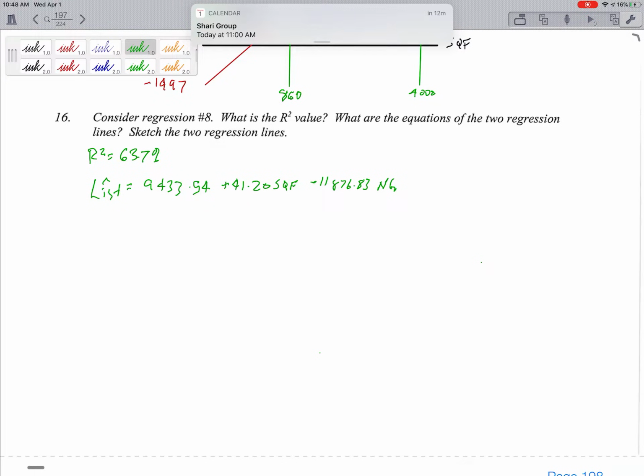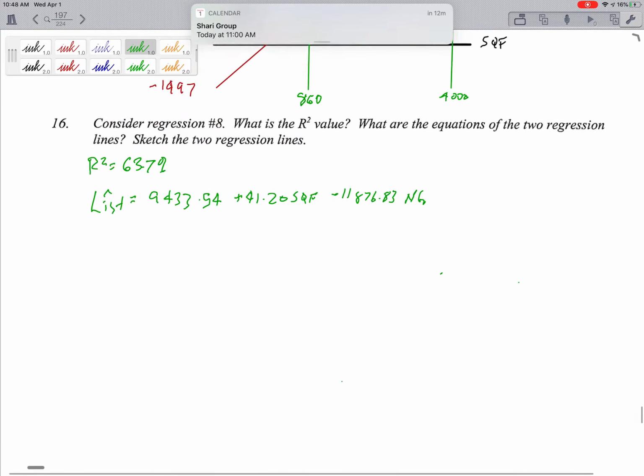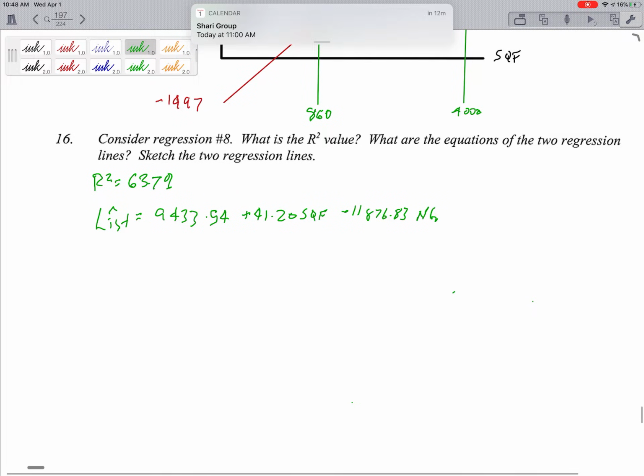Now, what we can do is break this down into two models here. One is where we're talking about houses heated by natural gas and then houses heated by other. Actually, I'm going to do the other first. It's a little easier to handle.